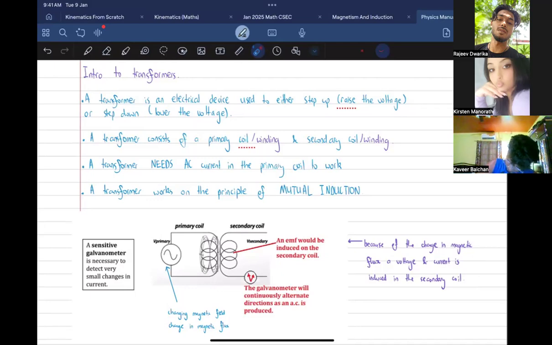Yeah, so Kirsten, Justin, can you think of any other instance where induction is used? I'll give you a hint: in the kitchen.